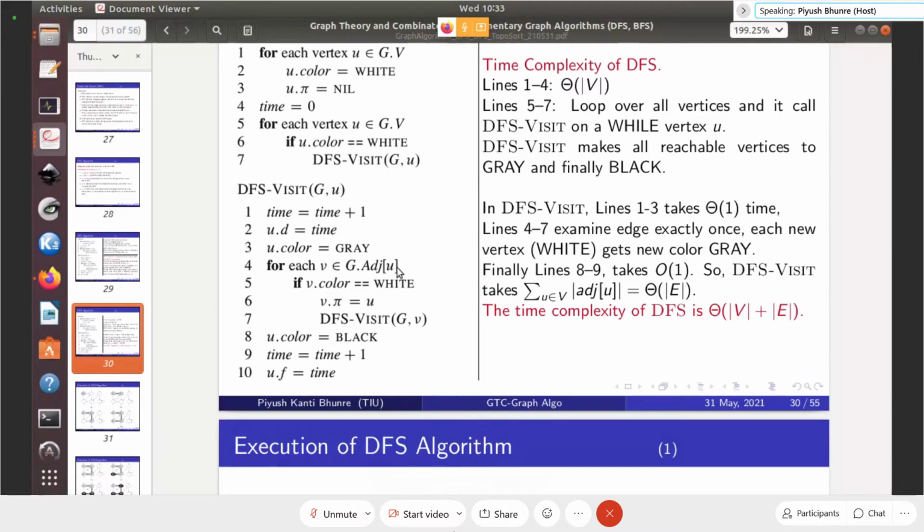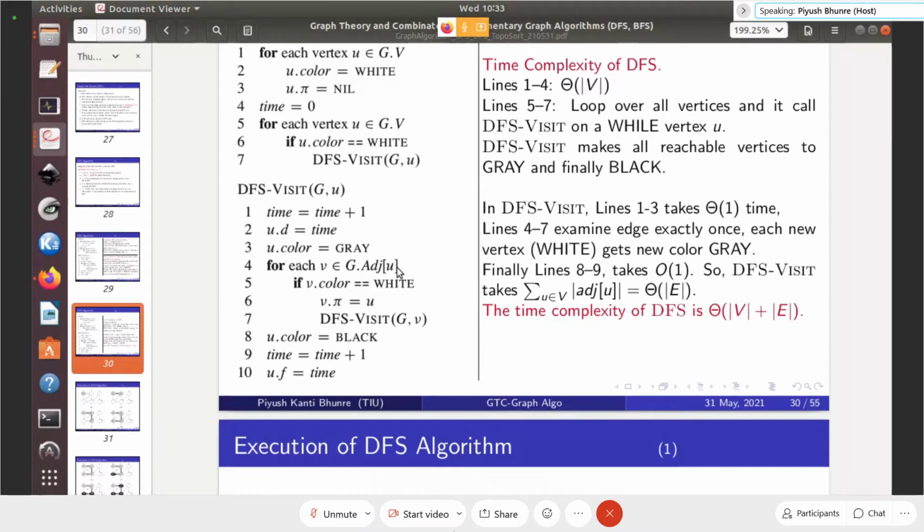So see, this is similar to your BFS algorithm. There we have used a queue of vertices. Here we also use a stack of vertices, and all the vertices which are colored gray are in the stack.